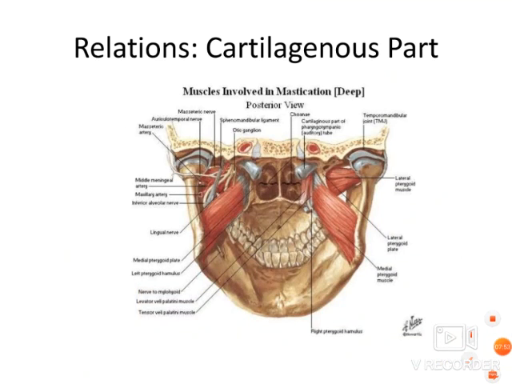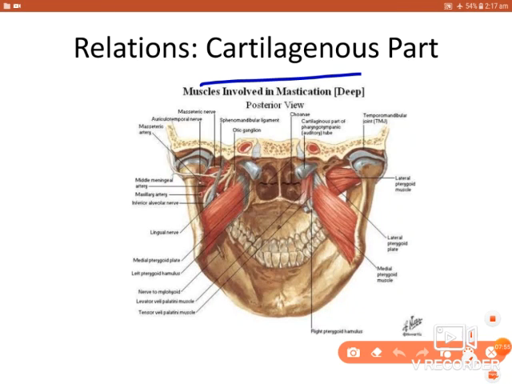Then coming to the relations of the cartilaginous part. Here this is the mandible, this is the posterior view, a coronal section. Here you can see the auditory tube, the cartilaginous part of the auditory tube.